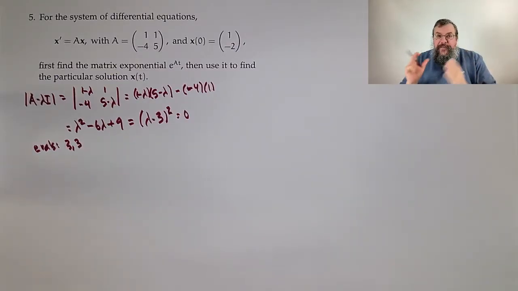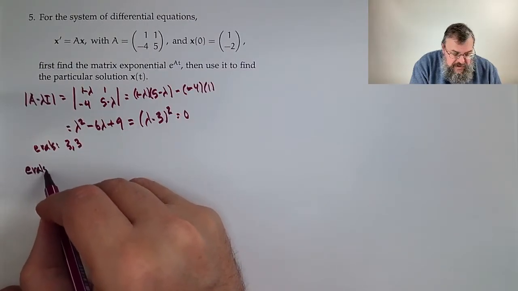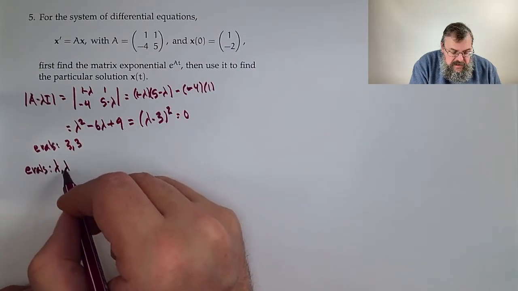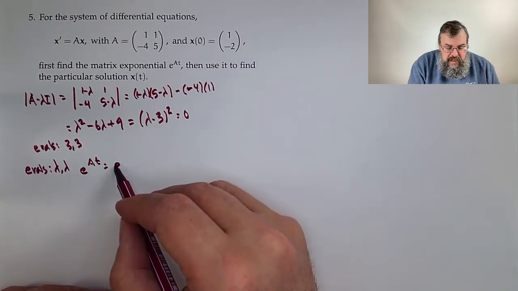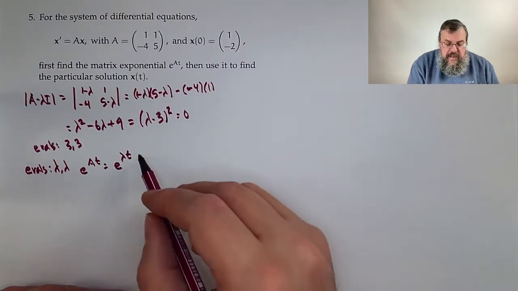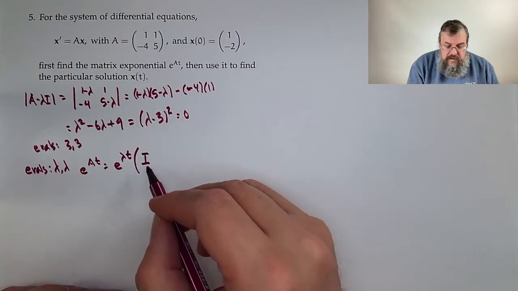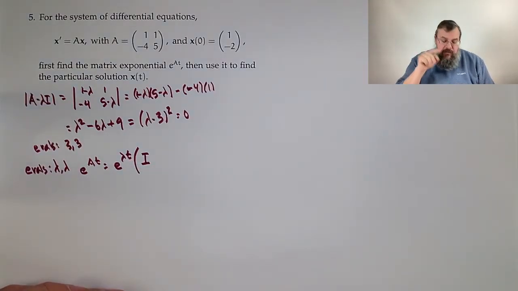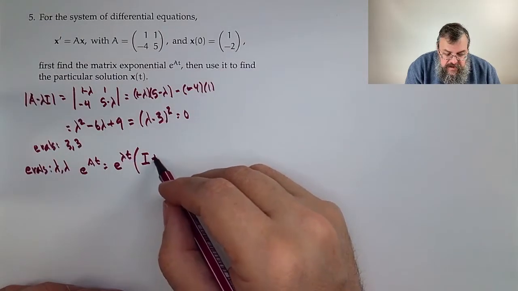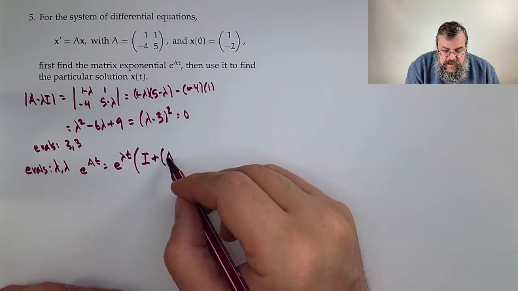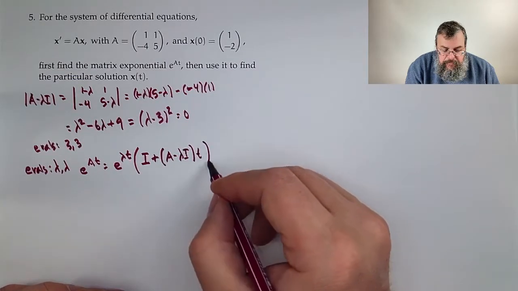So here's the generic formula. In general, if your eigenvalues are lambda, lambda, then e to the At is equal to e to the lambda t times the identity matrix, which is the matrix [1, 0; 0, 1], and then you add to that your A minus lambda I times t.